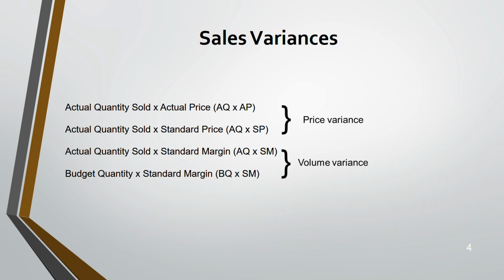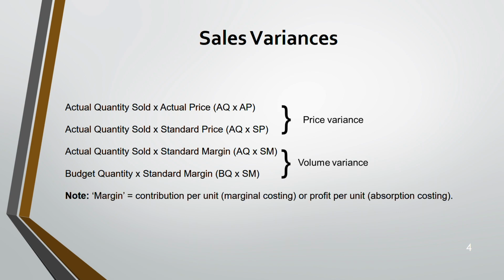Price we are keeping the same, standard margin, only quantity we are changing because it's volume variance. So this way, if you learn, it's easier for you to remember. In price, we change the actual and standard price, keeping quantity the same. In volume, we keep the margin the same, that is standard margin. We change the quantity, actual and budgeted. Together, these two make sales variance.